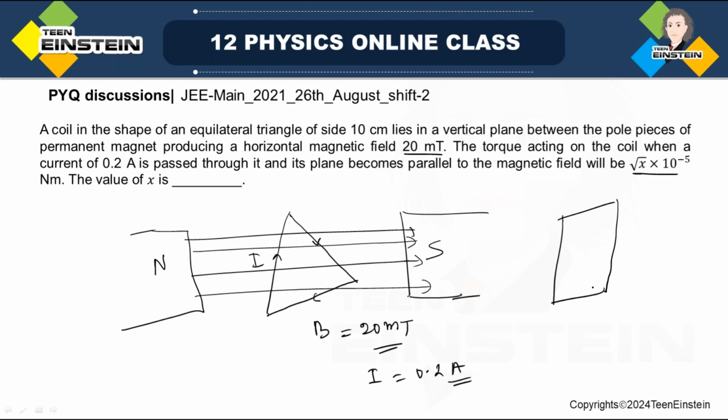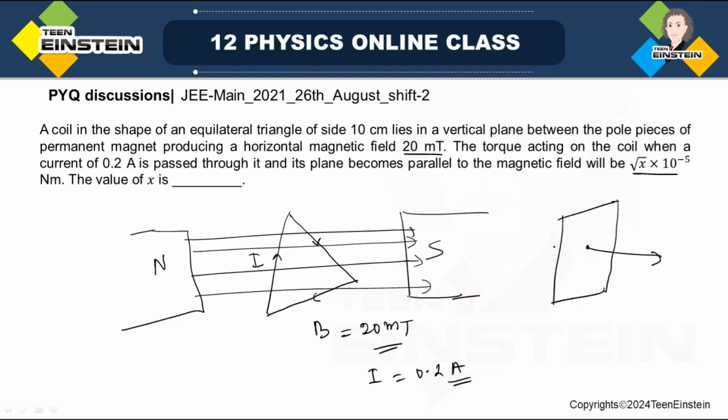The direction will be perpendicular to the plane, either rightwards or leftwards. You can take any way, because this is an open plane. So this will be actually the direction of the area vector of this plane.